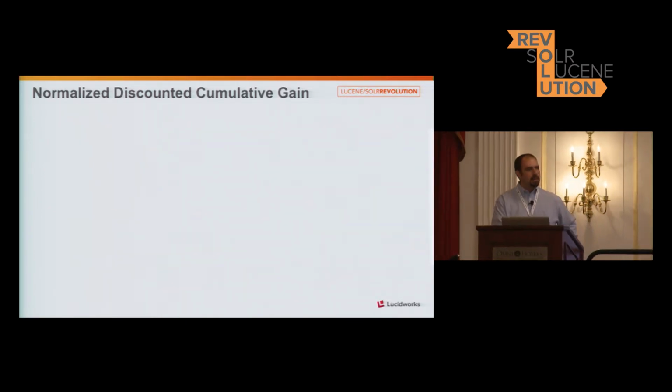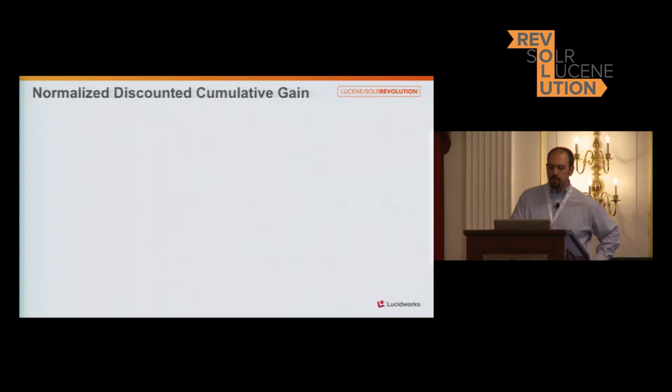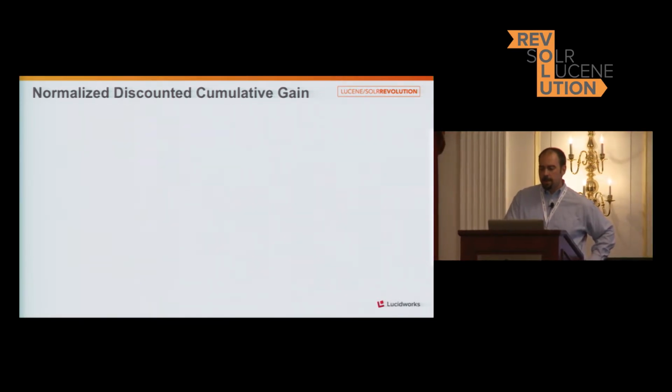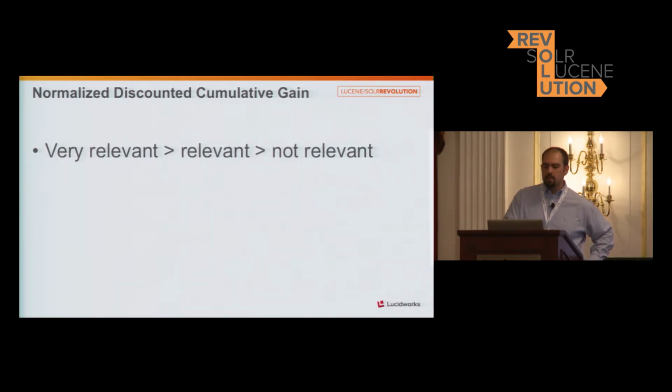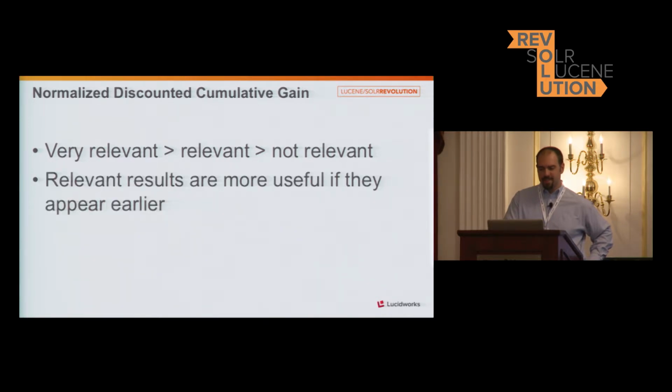So the first mechanism I investigated for measuring fitness was normalized discounted cumulative gain. And if you haven't heard of this before, it essentially says very relevant results are better than relevant results, which are better than not relevant results. Pretty straightforward. Relevant results are more useful to the user if they appear earlier in the results.